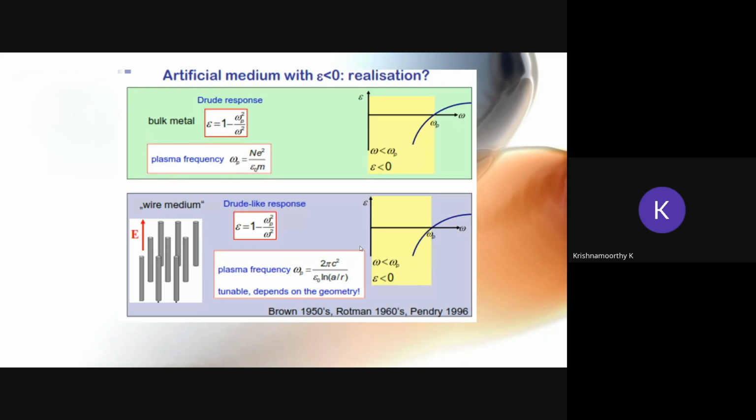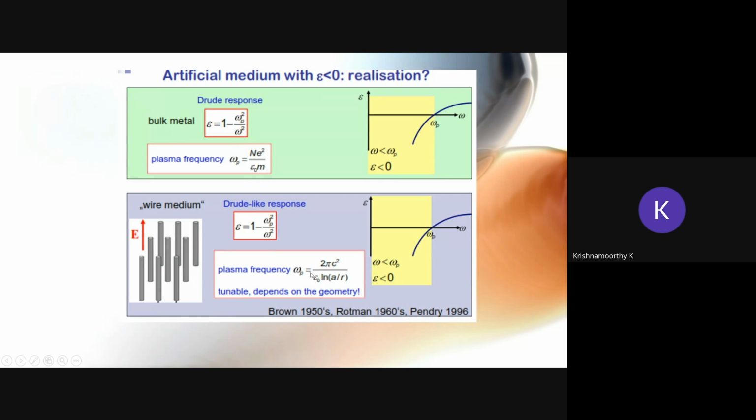How can we get the double negative medium? We know that the single negative medium is naturally available at a particular frequency of operation. Naturally epsilon negative is available and mu negative is also available. If you want to get a mu negative value, we can get it using this kind of arrangement. Whenever you arrange metallic rods in a periodic arrangement, we can get it at a particular frequency.